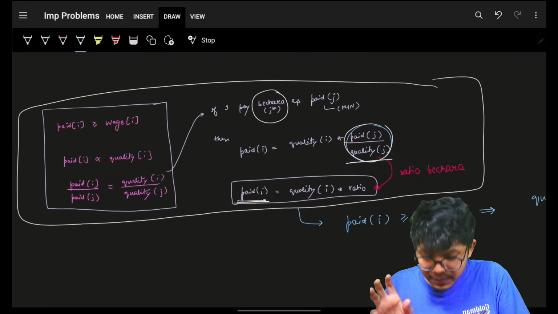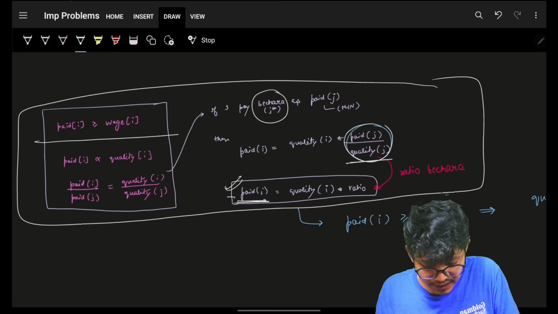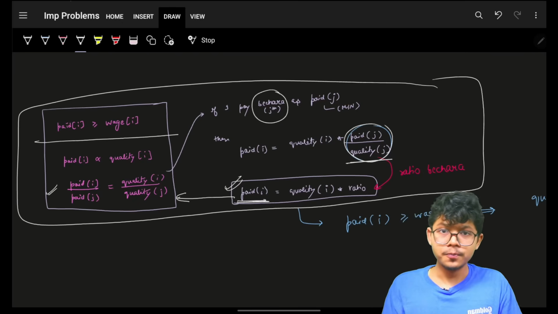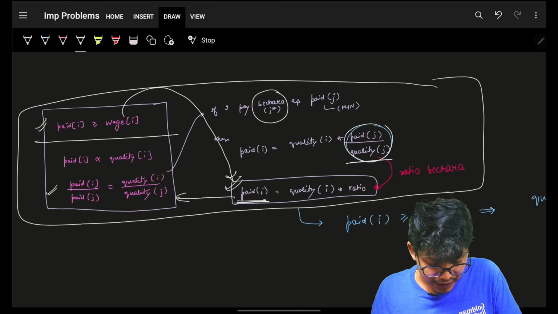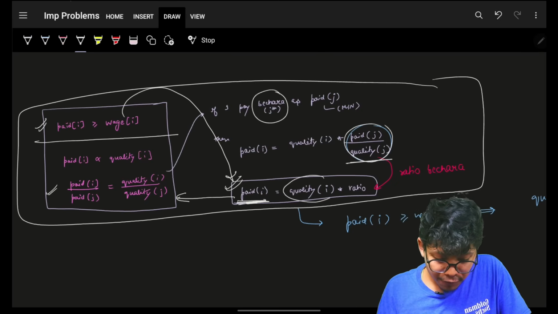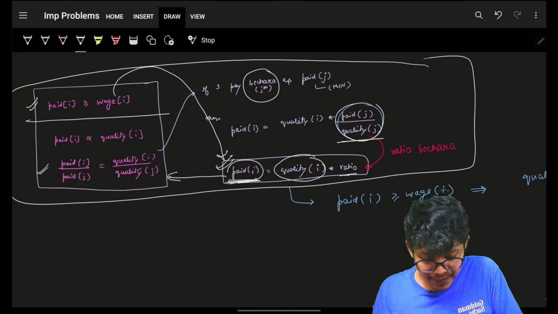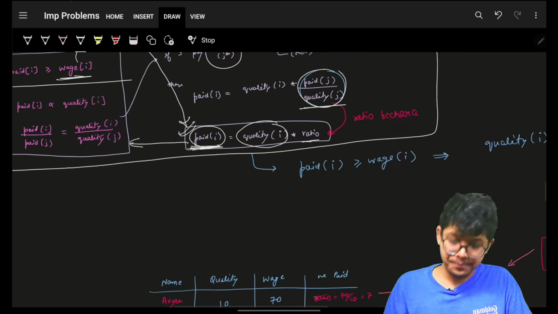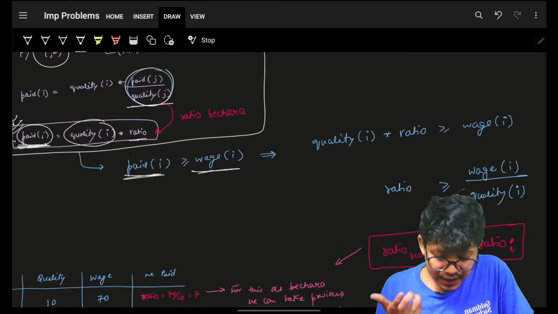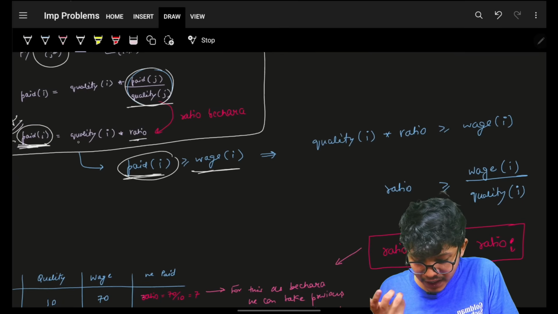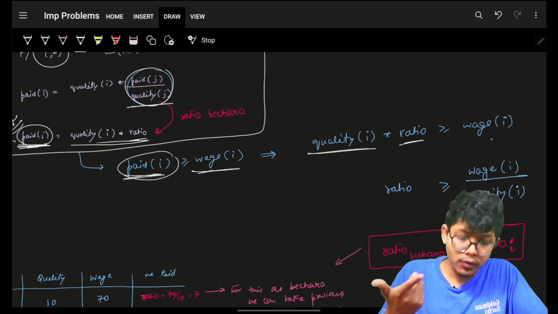If I club these two conditions, the first condition and condition number 2, then paid of I will be quality of I multiplied by ratio of bechara. Paid of I should be more than or equal to wage of I, which means quality of I multiplied by ratio of bechara should be more than or equal to wage of I.